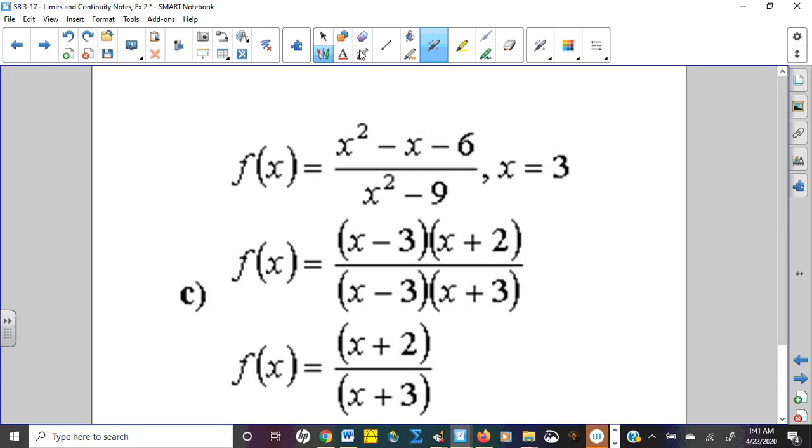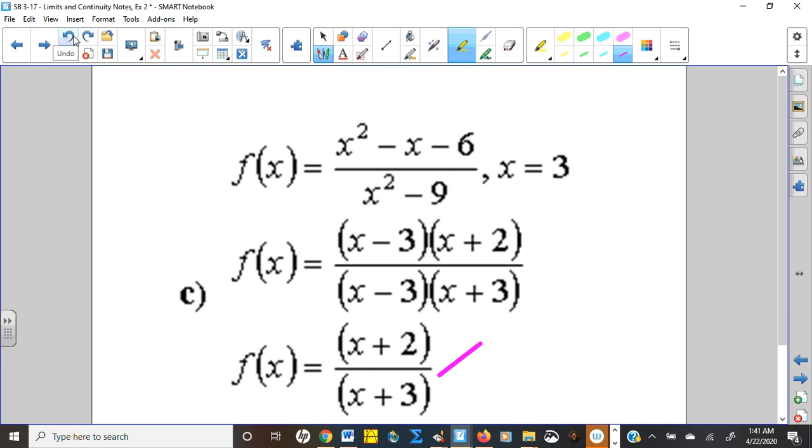But it also has a factor that does not cancel, and because it doesn't cancel, it's going to create a vertical asymptote, which vertical asymptotes are the cause of infinite discontinuity. Nothing we can do about that, so we just ignore it. And here's that reduced function that we will use to find the location of the hole.